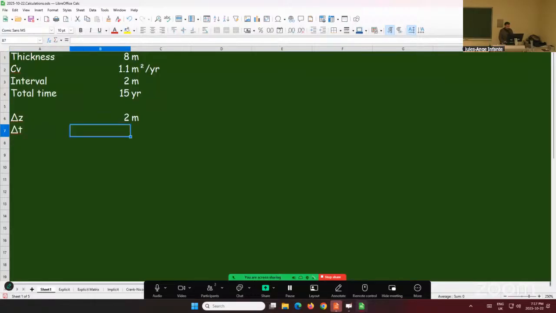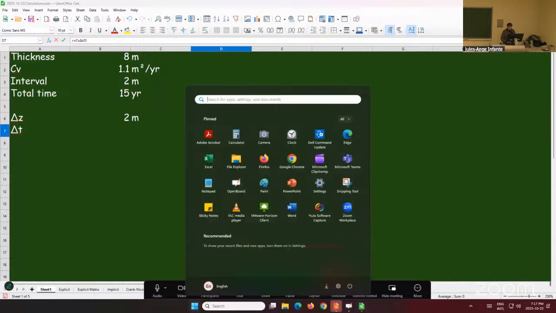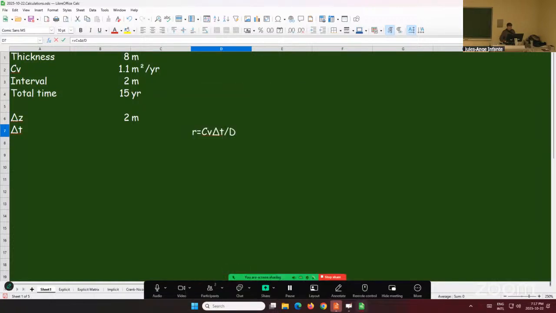Okay. So we know that R is equal to CV delta T over delta Z squared.